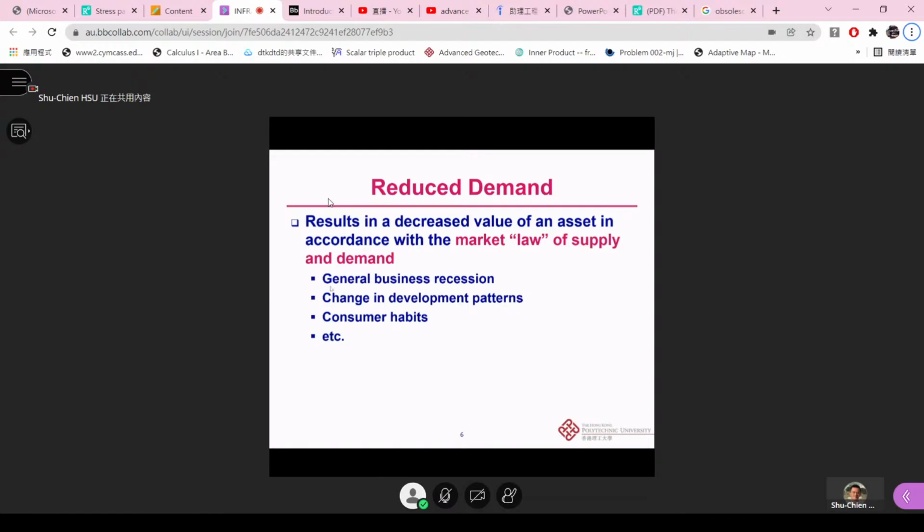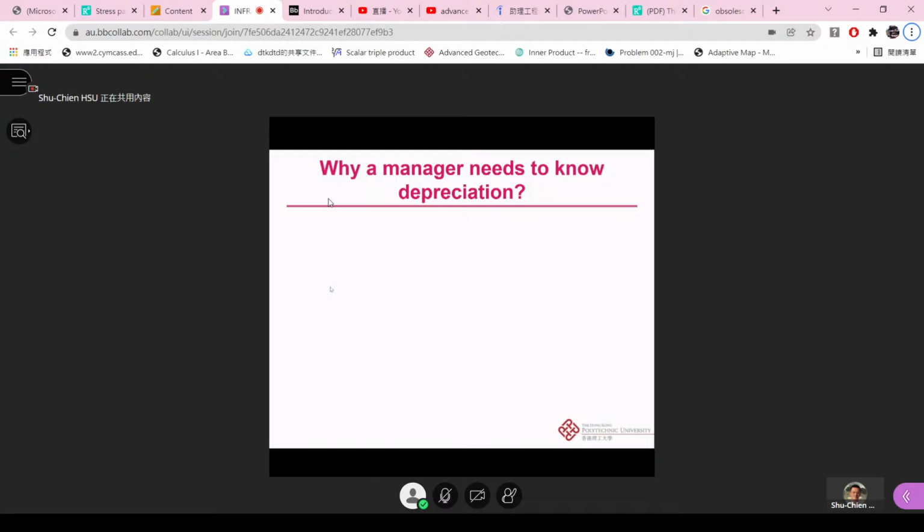Then we are going to tell you how we can use depreciation in infrastructure and construction. We can determine the decline in market value of a construction asset during a certain time period.